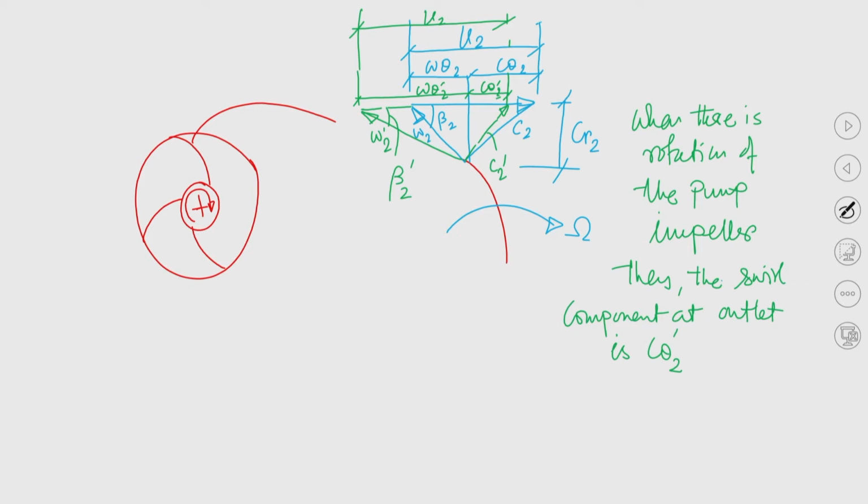So this is the swirl component at the outlet, but we are expecting that the swirl component at the outlet will be C theta 2, but this is not the case.